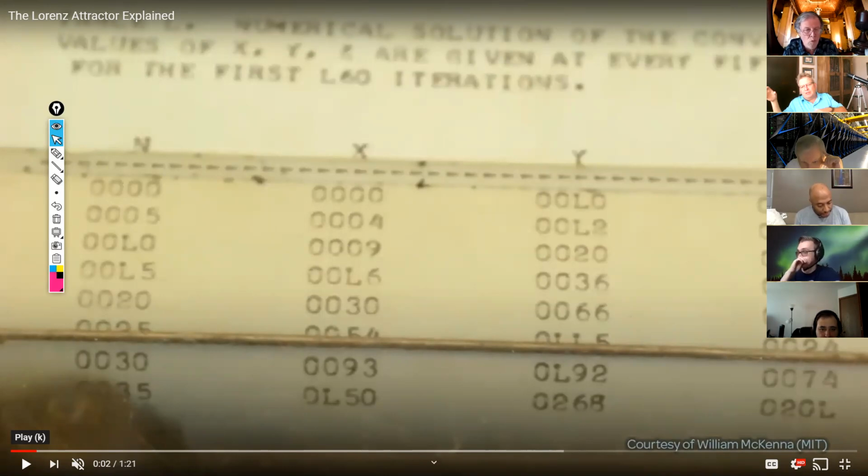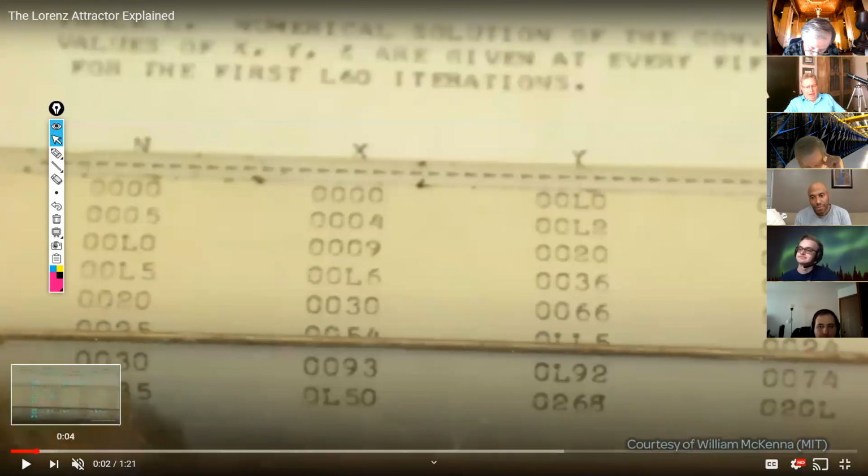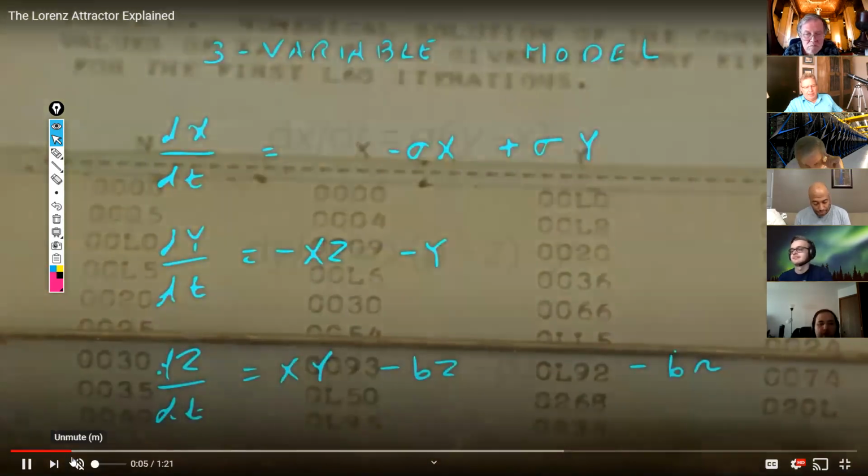Then he got some answers. Then he ran it again, and he realized he got a completely different answer the second time. What he ended up doing was rounding off some value somewhere, and he got completely different answers. So this is where the idea of chaos theory came from.